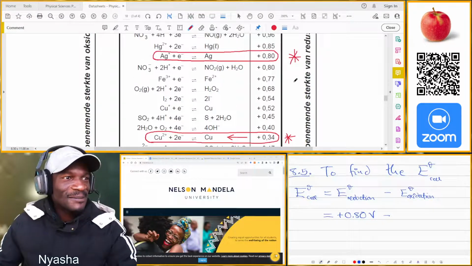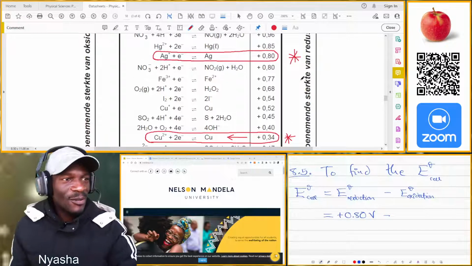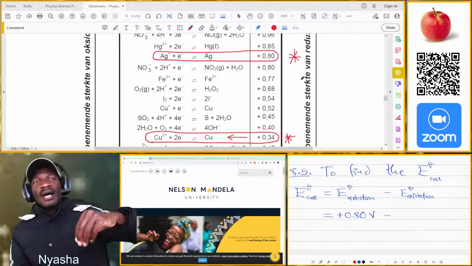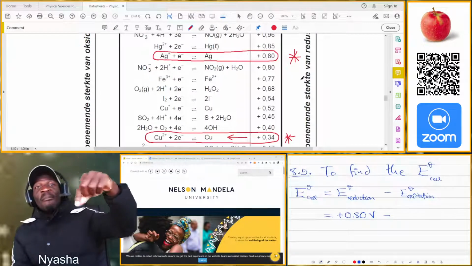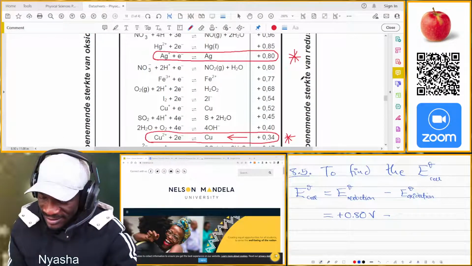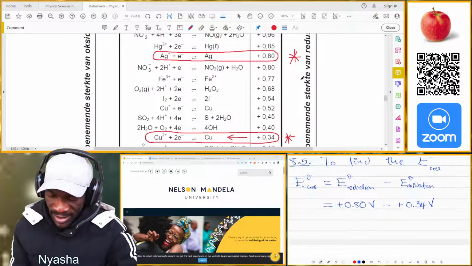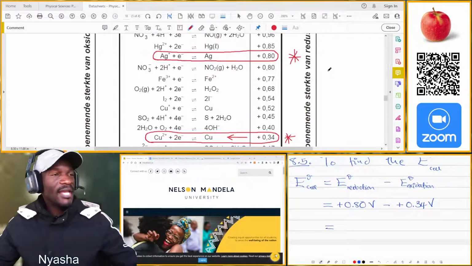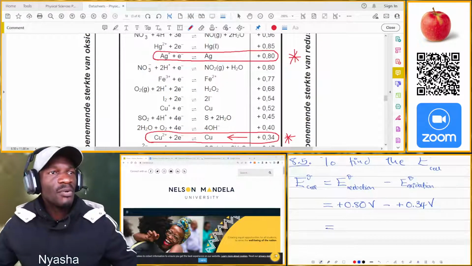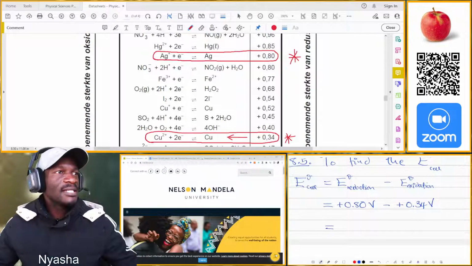Can you see that? So that's our oxidation process where our copper, its oxidation number was actually increasing. So that's our plus 0.34 volts. So in the end, what is 0.8 subtract 0.34 volts?